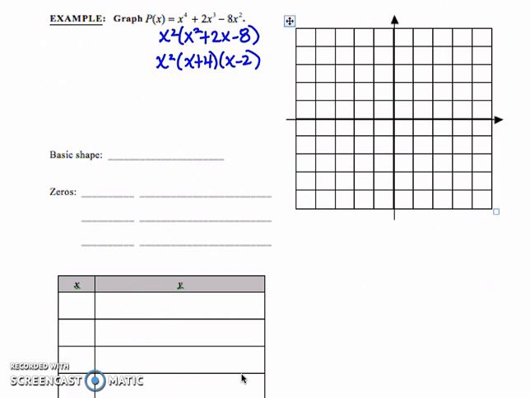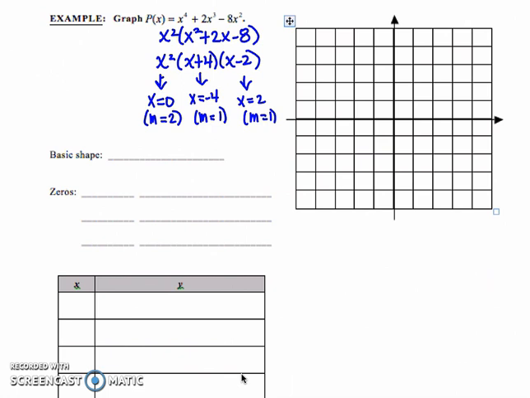So now I can see that I'm going to have 3 unique zeros. This one is x equals 0, but that has a multiplicity of 2. This one is going to be x equals negative 4. That has a multiplicity of 1. And this is going to be x equals 2, and again has a multiplicity of 1.